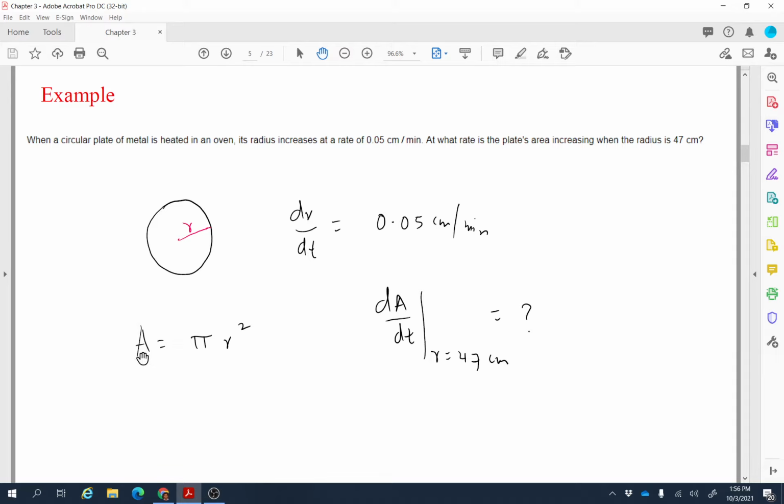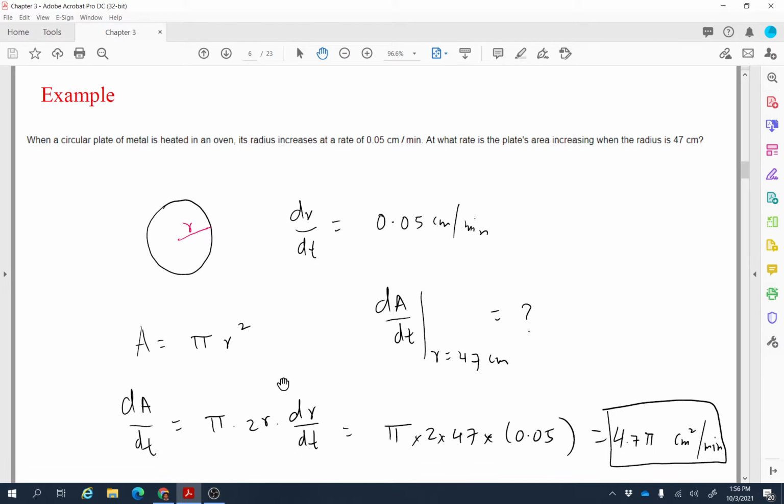To find the rate of change of area with respect to time, we are now going to differentiate both sides with respect to time. When we differentiate both sides with respect to time, you can see that we have to find the derivative of r squared with respect to time. So we can use the chain rule. The derivative of r squared with respect to r is 2r times dr over dt.